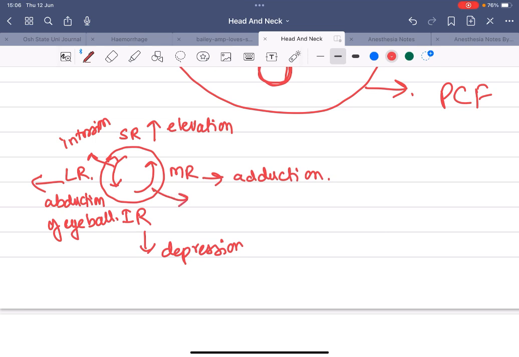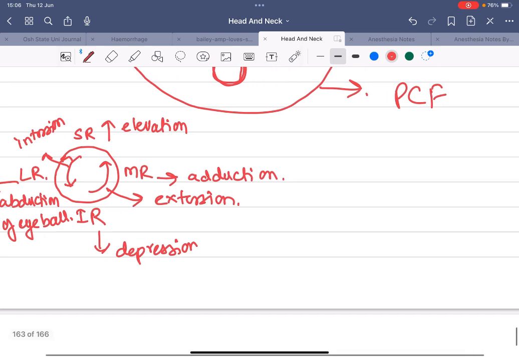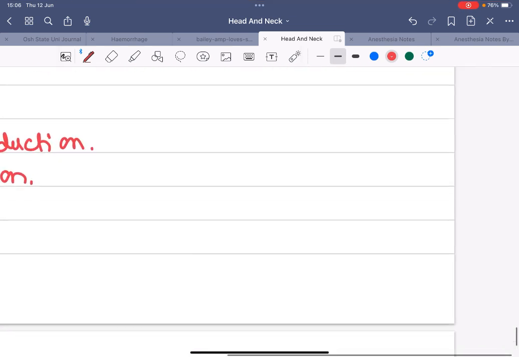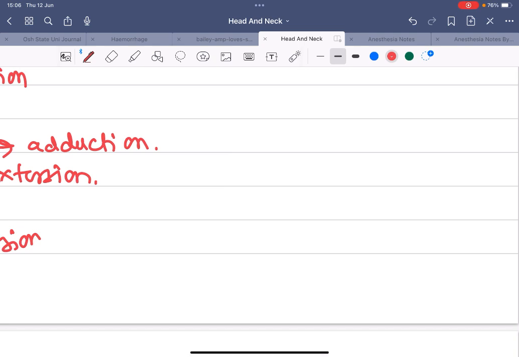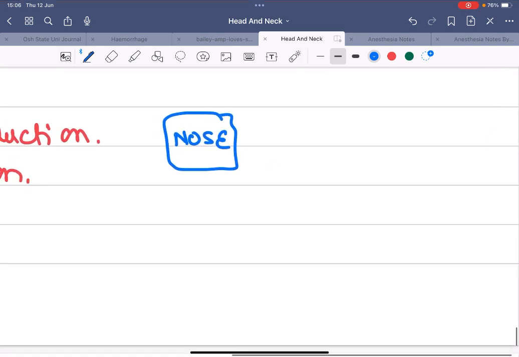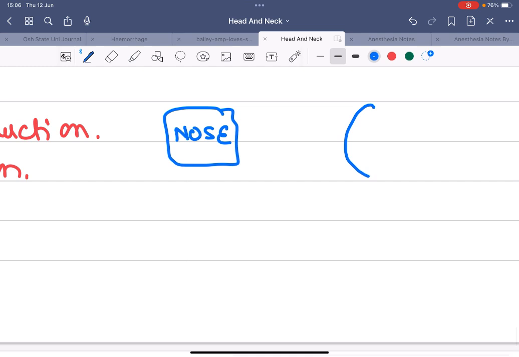Okay. Now students make a mistake in how to remember all the actions of these muscles. So now we will draw one diagram. If you draw this diagram with me, then it will make your life very easy. For example, this is the nose of the patient and this is the eyeball. Okay. Now write here superior rectus.